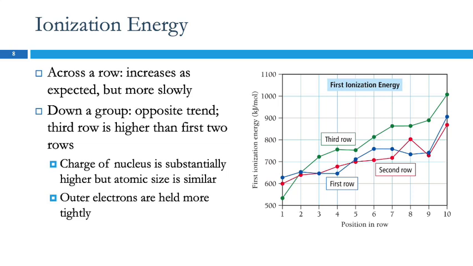This is because the charge of the nucleus is substantially higher, but the atomic size is similar. So those outer electrons then are held more tightly rather than less tightly. Again, I'm not going to ask you to predict ionization energies for transition elements.